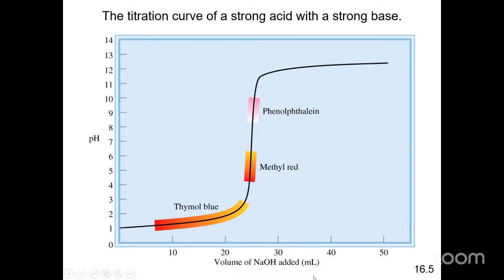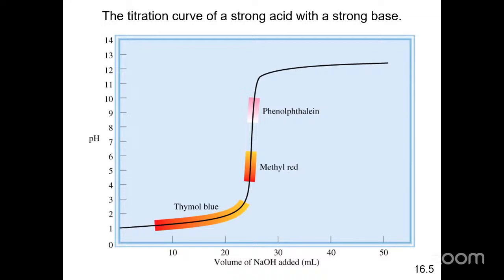So the indicator that you choose in order to indicate the equivalence point must change color within that jump, right? In the case of thymol blue, the color change occurs before you get to that sudden increase. So you would not use thymol blue for this purpose, right? Because the color of the thymol blue will change before you get to the equivalence point.